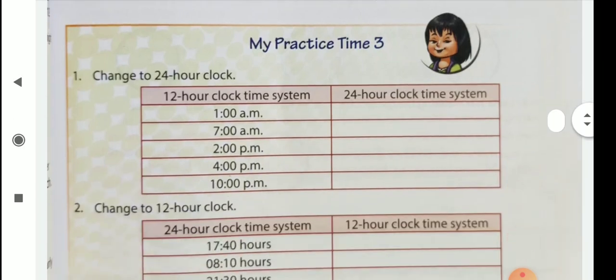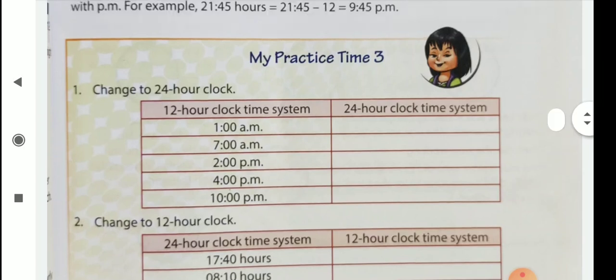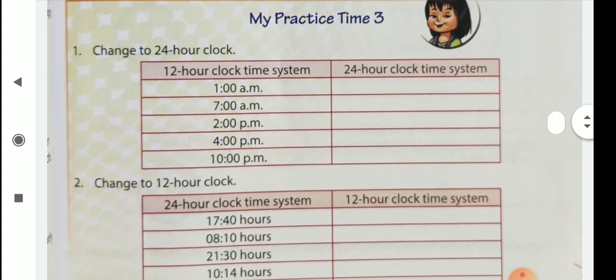Now comes my practice time 3. One number is change to 24-hour clock. Okay, here given 12-hour clock time system, we have to convert to 24-hour clock time.